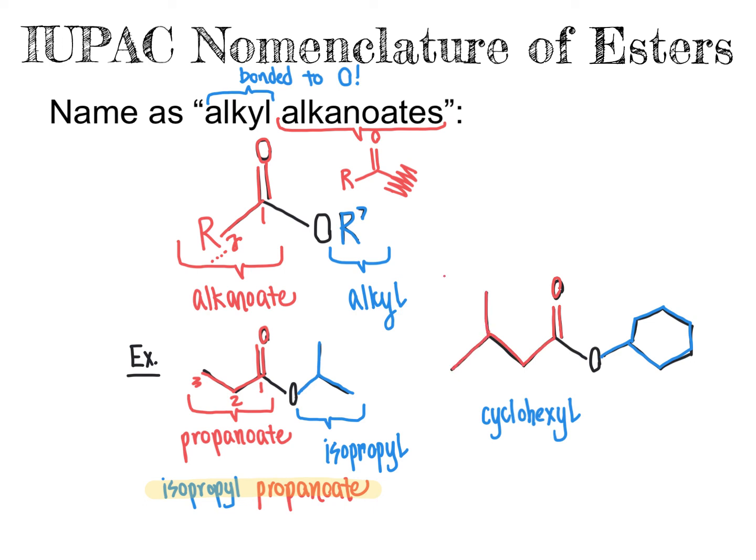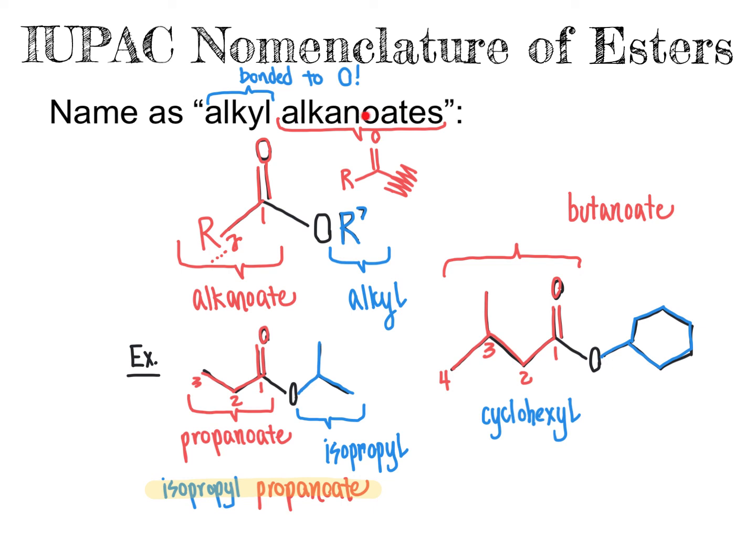And this specific alkanoate group we number starting from the carbonyl group, finding the longest carbon chain. That's 4 carbons. So 4 carbons is going to take on the parent name butanoate because we have 4 carbons in the chain.